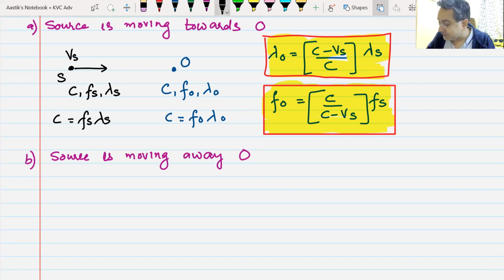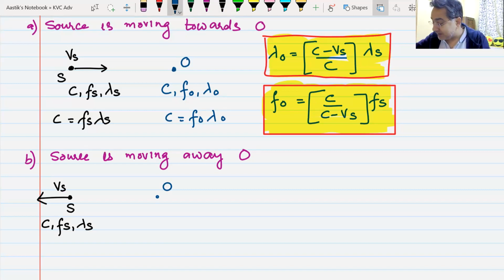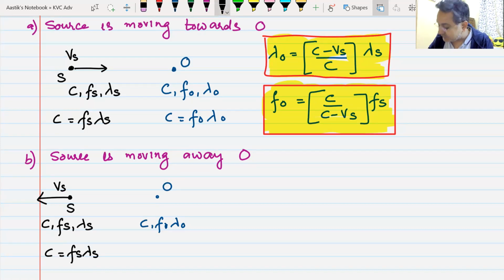This is the source and it is moving like this. Do we understand this? This is the observer. Again, he is emitting sound with speed c, frequency fs, wavelength lambda s. He is getting sound c, f naught, lambda naught. Again, the same equation is valid. C is equal to fs into lambda s. Here, c is equal to f naught into lambda naught. Same formula will come. The only difference is, what is the difference?